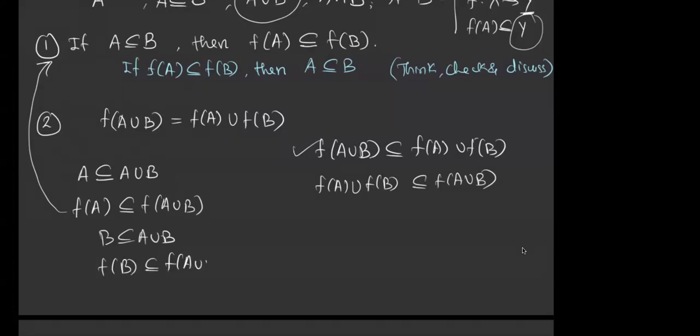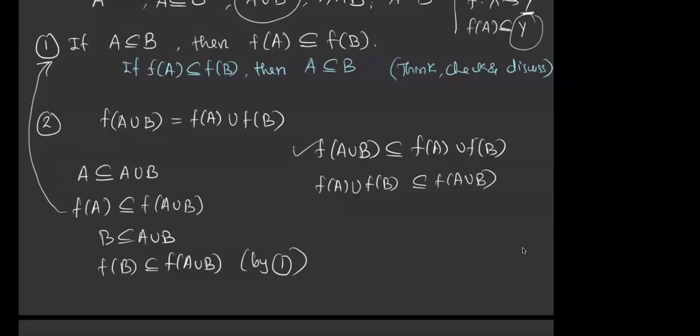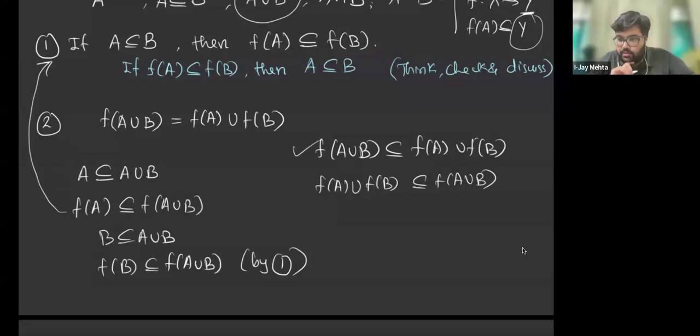By theorem number 1, we already proved this. So now what? Jainam, can we conclude what we want to show? Sakshi, room number 9. What do we want to prove?